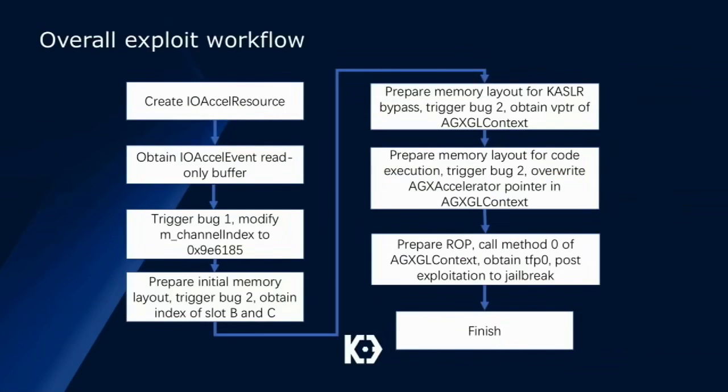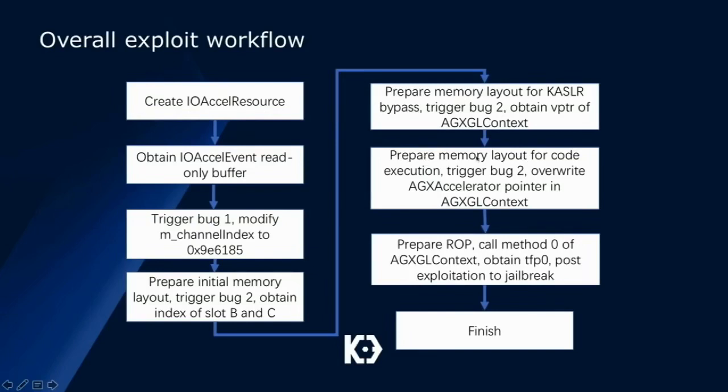So finally, I talk about the overall exploit flow. First, we create the IOAccelResource, and then we get the IOAccelEvent read-only buffer. We trigger the first bug to modify the channel index to a bigger value. And then we prepare the memory layout, trigger bug 2, to obtain the index of slot B and slot C. Then we prepare the memory layout for the KASLR bypass, trigger bug 2 and obtain the vtable of the AGXGL context so that we bypass KASLR.